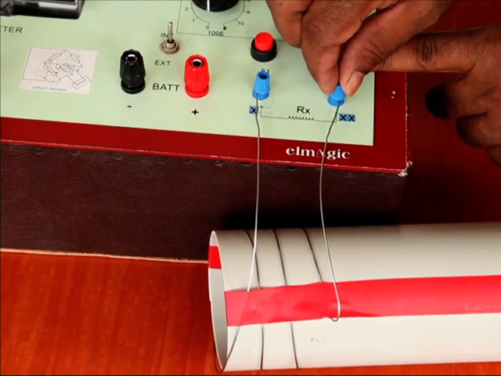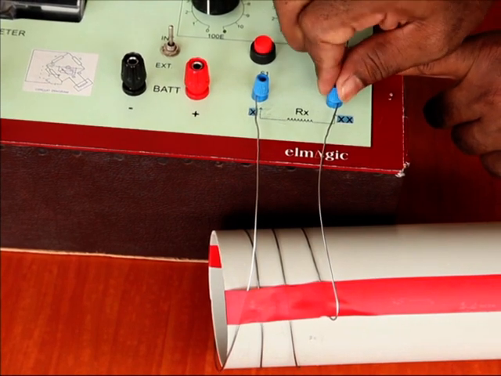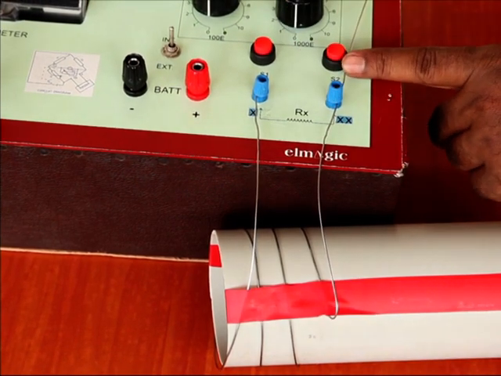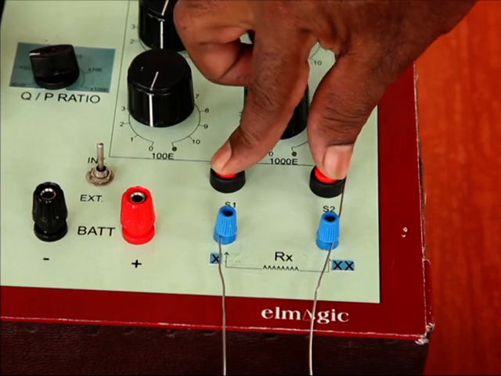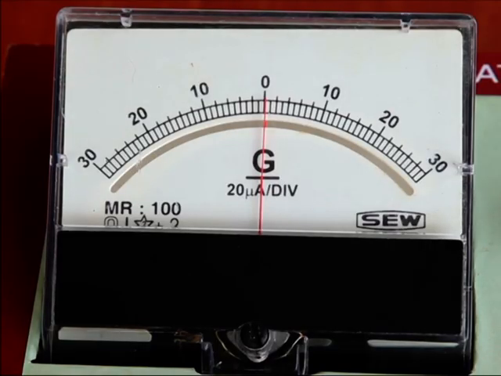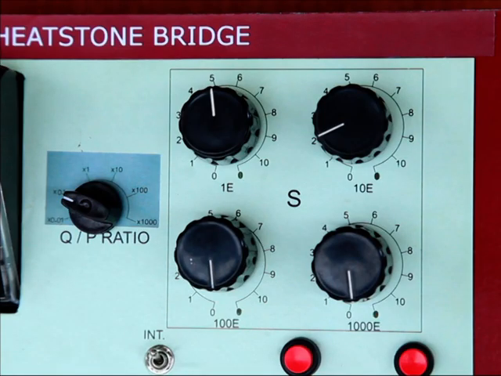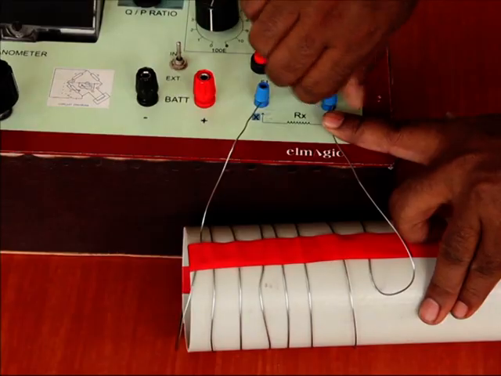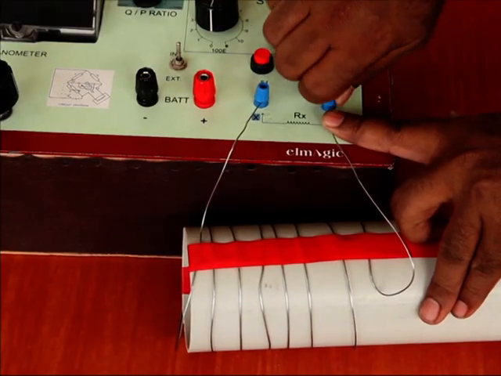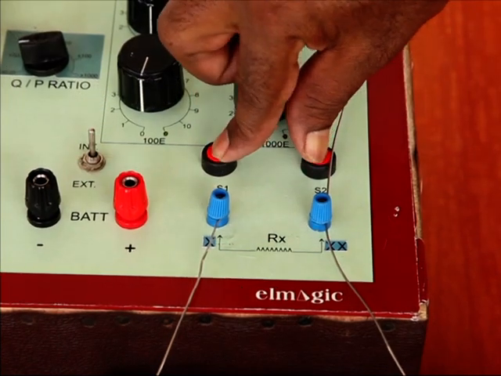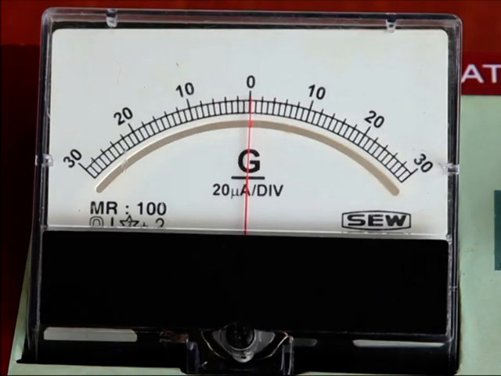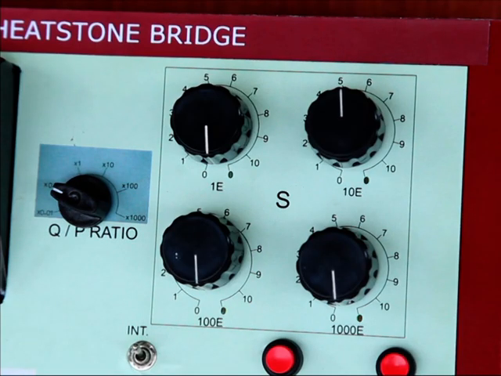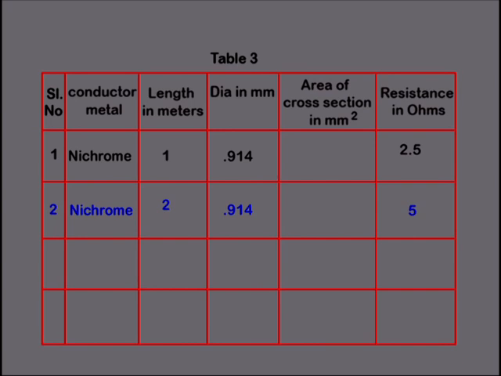Measure the resistance between 1 meter by using the Wheatstone bridge. Enter the values of resistance in Table 3. Measure the resistance between 2 meters. Enter the values of resistance in Table 3.